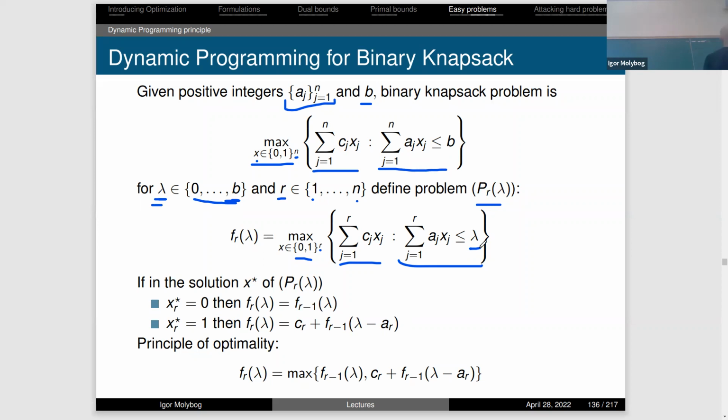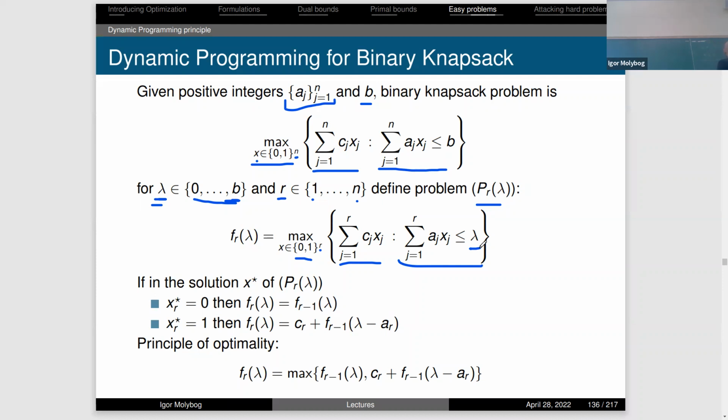Basically, if your initial objective function was c1 x1 plus c2 x2 plus and so on, c_n x_n, and then you had a1 x1 plus and so forth, a_n x_n less than or equal to b, where b was a larger number.